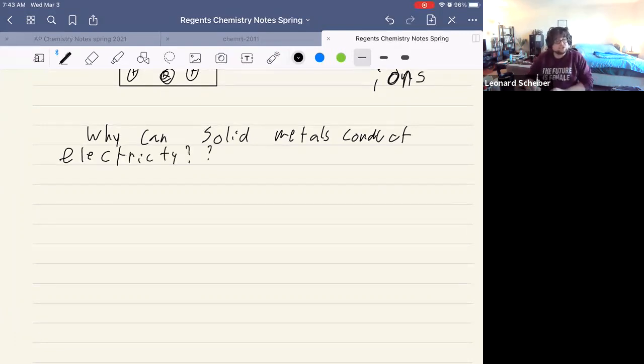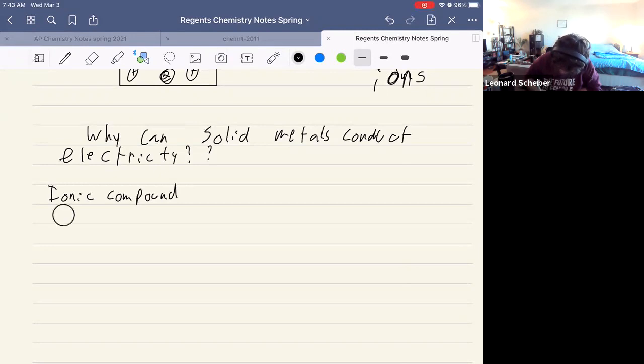And it all has to do with that crystal structure. So for an ionic compound, remember that it looks like this, like we just drew before. Plus, plus, minus, minus, where we have all of these ions held in place.